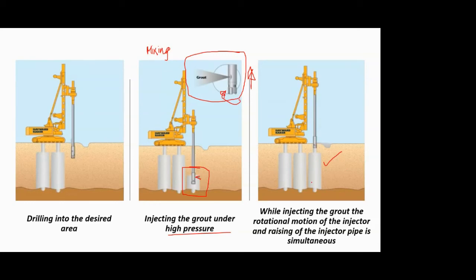Okay. And you see there is a gap in this, but if you want to use this for some partitioning, you can very well just overlap with the previous grouted section. So there will be no gap in between, and you will get a straight series of wall without any gap. Okay.